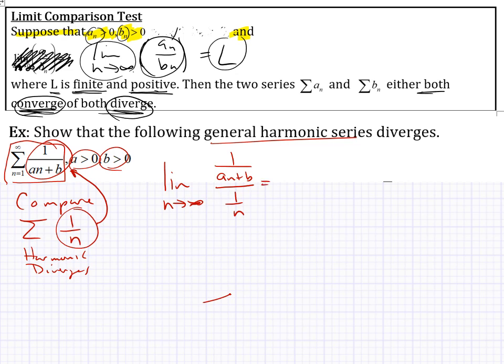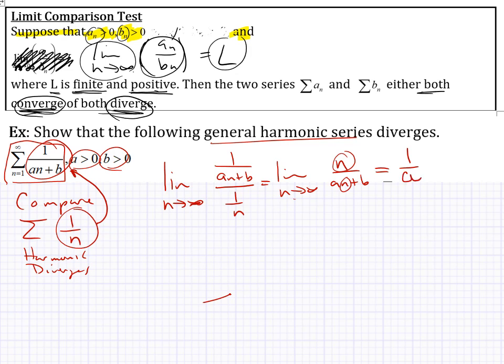If I do this limit, fraction divided by fraction, I flip and multiply, I get the limit as n goes to infinity of n over an plus b. n's going to infinity. Remember, a and b are just constants. Well, I have the same power here and here. These are going to grow at the same rate. So my limit should be 1 over a.